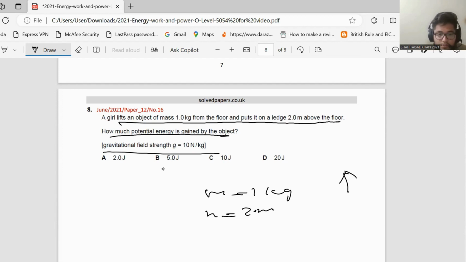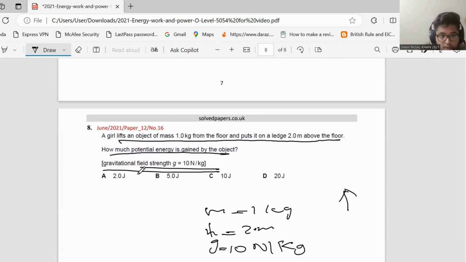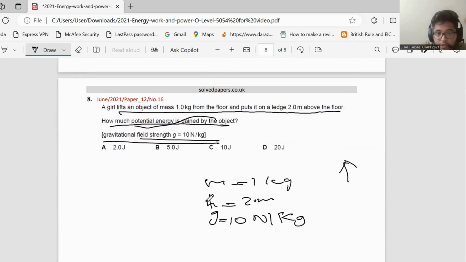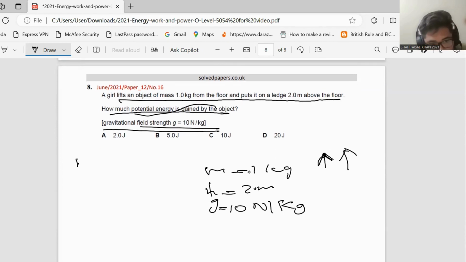And the gravitational field strength is also given, which is 10 Newton per kg. So we have to find the potential energy gain, meaning the gravitational potential energy, because it's elevating. Gravitational potential energy is the energy stored by virtue of its height.